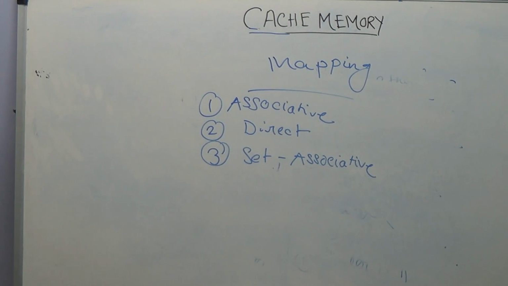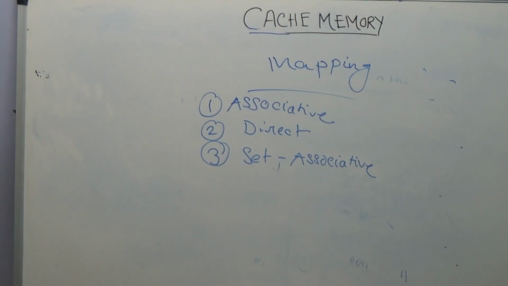One field is called index and the remaining part is called the tag field. When the CPU wants to access the data from main memory, it places an address. The index field of the CPU is used to access the main memory, and the tag field of the CPU is compared with the associative tag in the word from the cache memory.